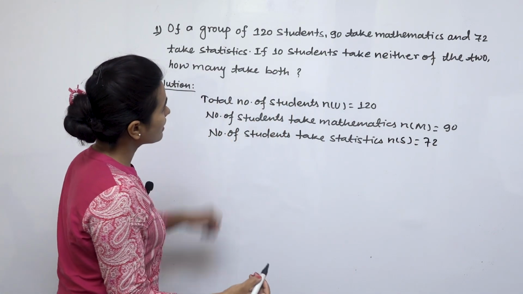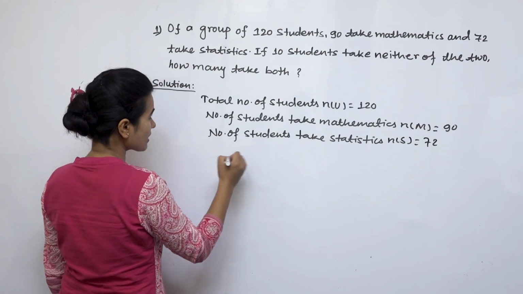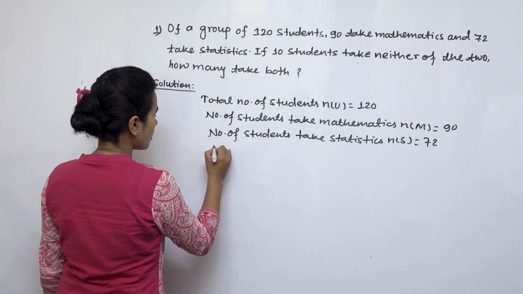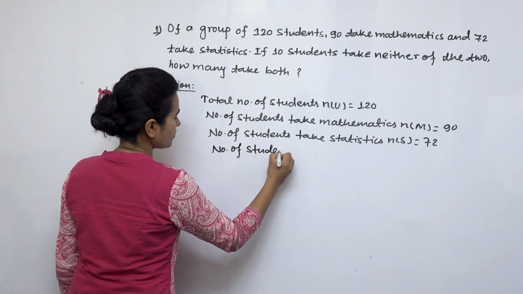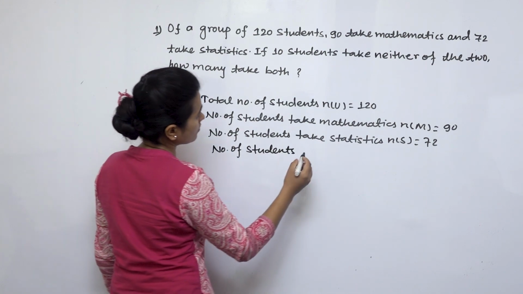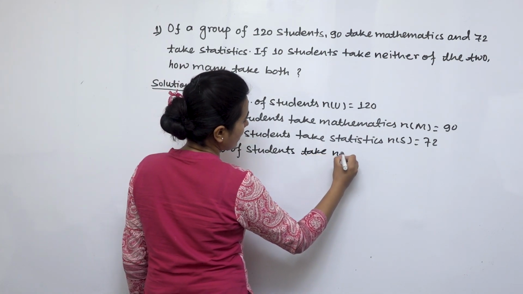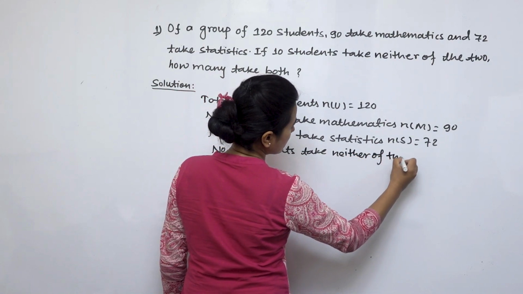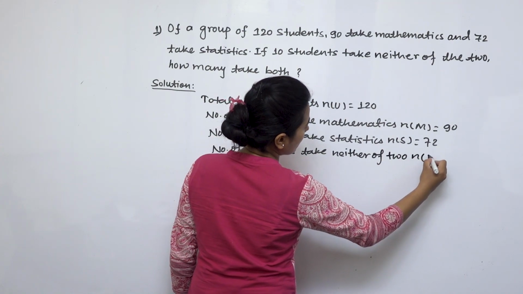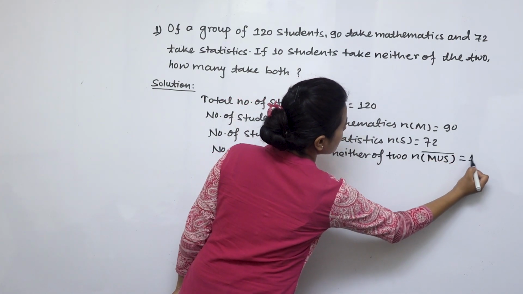Now 10 students take neither of the two. As I have already told you before, neither of the two means the complement of the union. Number of students who take neither, n(M union S complement) is 10.